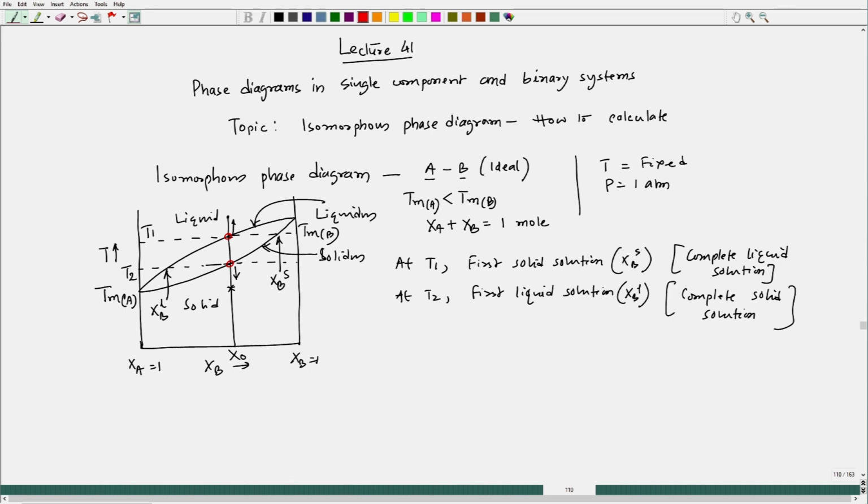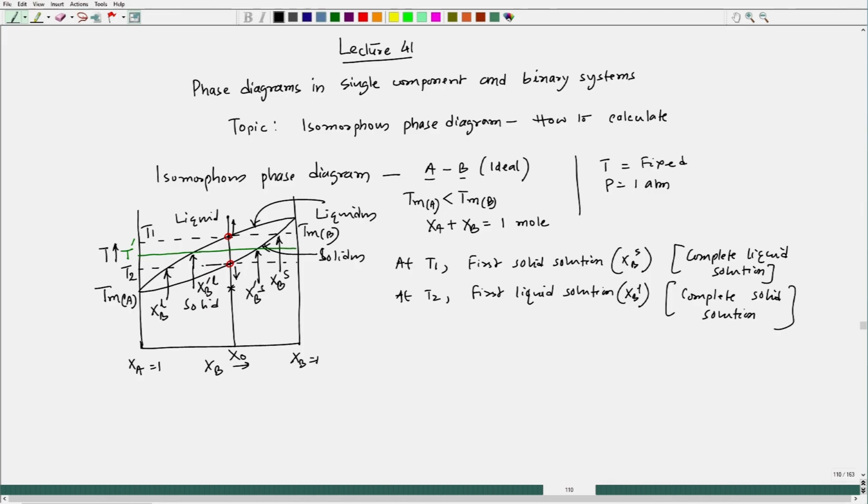Okay. Now, in between, let us say I am choosing one temperature in between. So, if I choose a temperature here, let us say this temperature is T prime, at T prime we will get two different phases. One would be XB prime of liquid, and this one would be XB prime of solid.